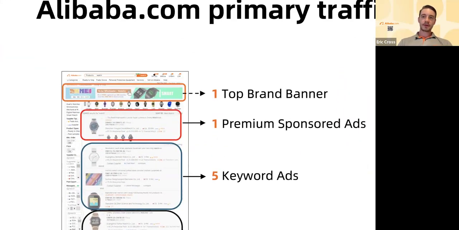We have a very similar offering, which is called the top brand banner. And this is a very powerful tool that we will get into some detail on a little later. But just for now, just know that this is at the very top of up to 15 different search results, depending on the products and keywords that you are operating. It's also very modular, and I'll show you what I mean by that in a moment.